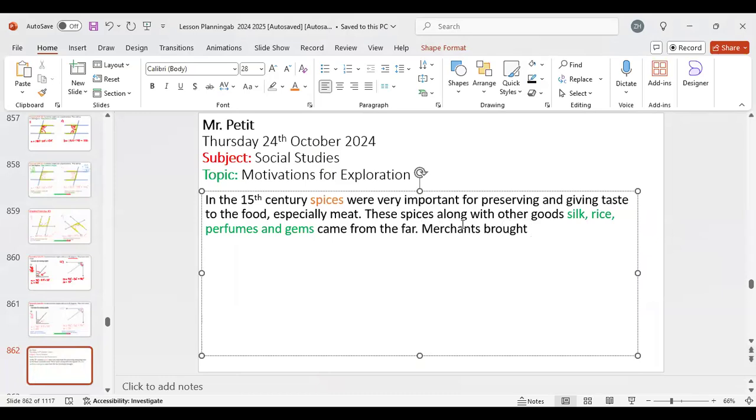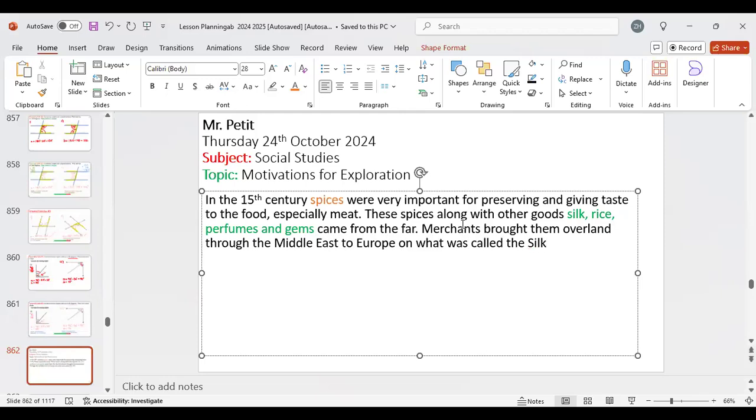Merchants brought them over land. I'm gonna say it's a land route through the Middle East to Europe, on what was called the Silk Route.